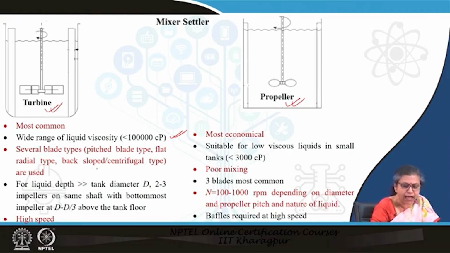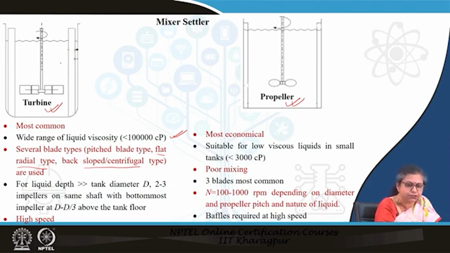We can also have a back sloped or a centrifugal type which is good for handling difficult dispersions, and we can also have a flat radial type, which is the case in this particular case, where the blades are connected to a disc. And when we have a very large depth, then instead of one turbine we can have multiple turbines.